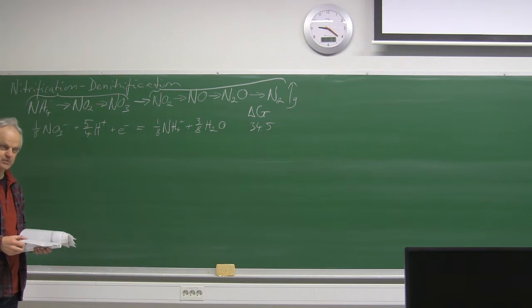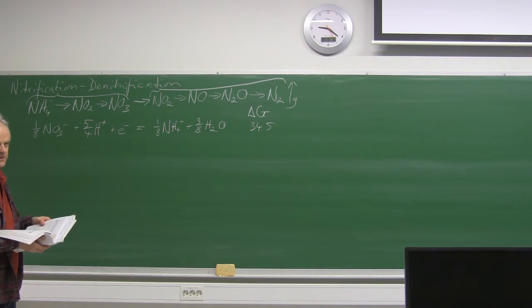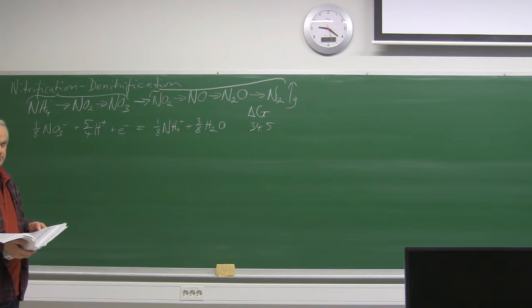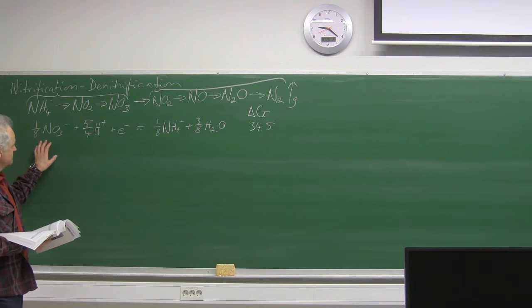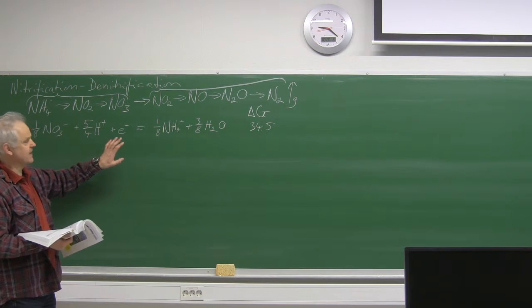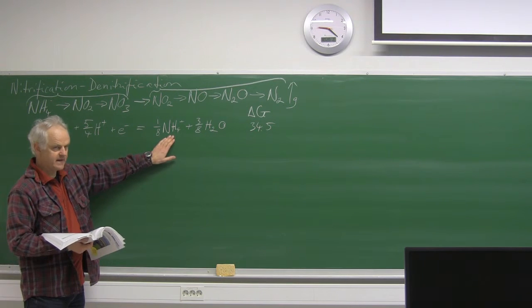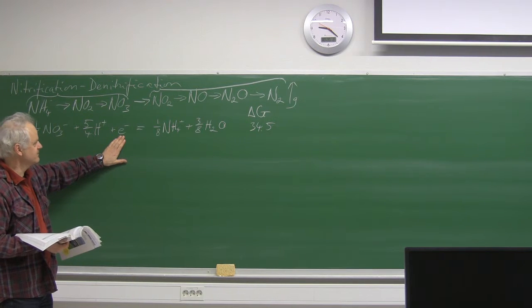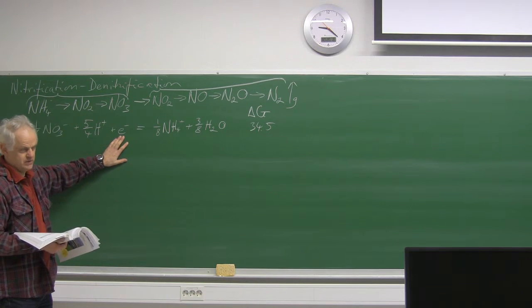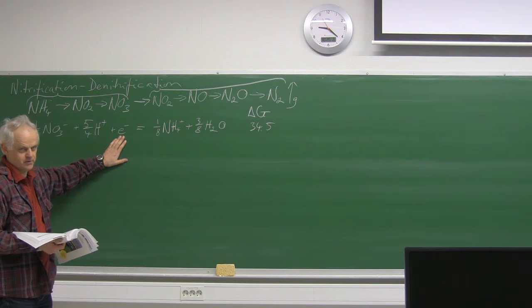Then the next question is, what can work as electron acceptor for this reaction? Well, first of all, as you notice, it's written kind of the opposite direction as what we expect. This is our reactant, this is the product, and then there is an electron being released, and that has to go somewhere, so we need an electron acceptor also.